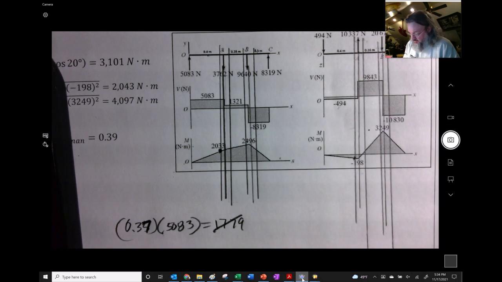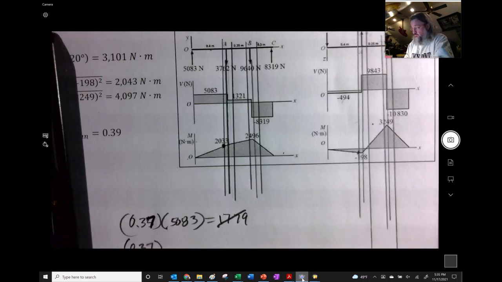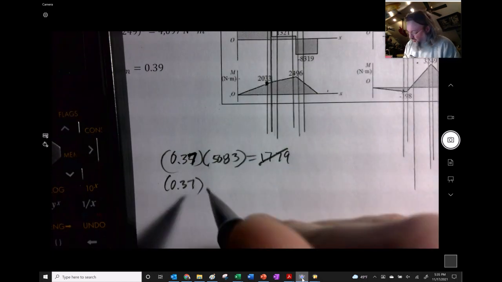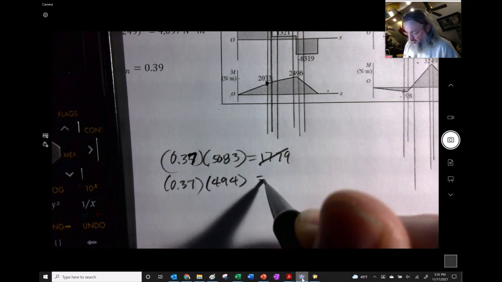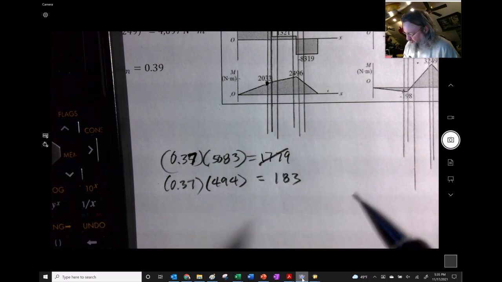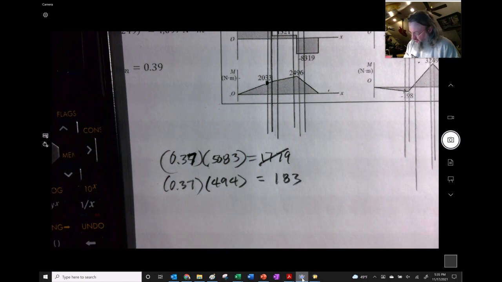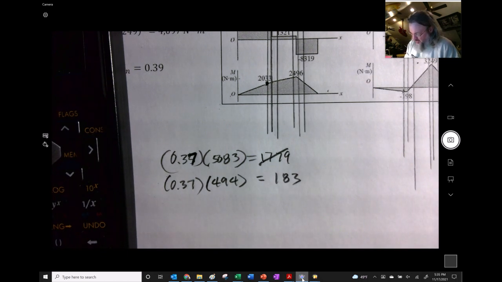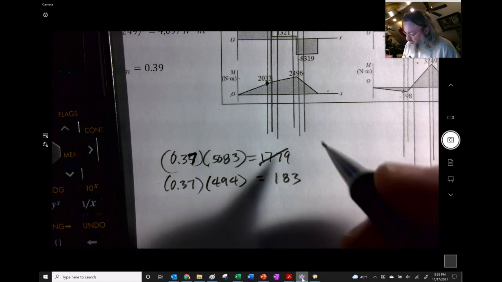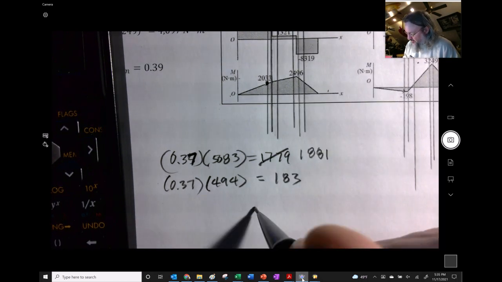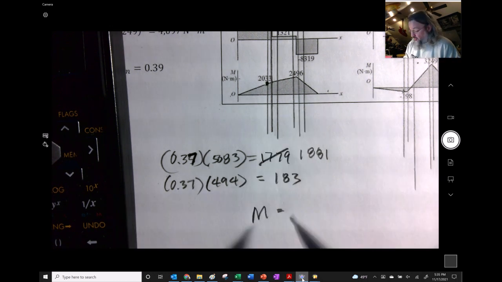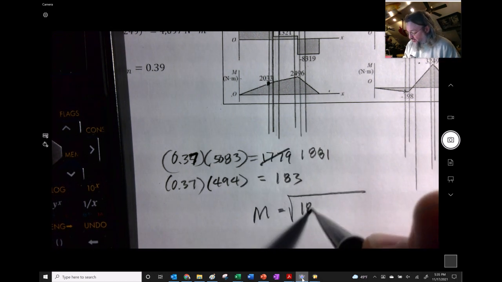So 0.37 times our 494 was 183, and 0.37 times 5083 is 1881. So the moment at that location we could find with this.